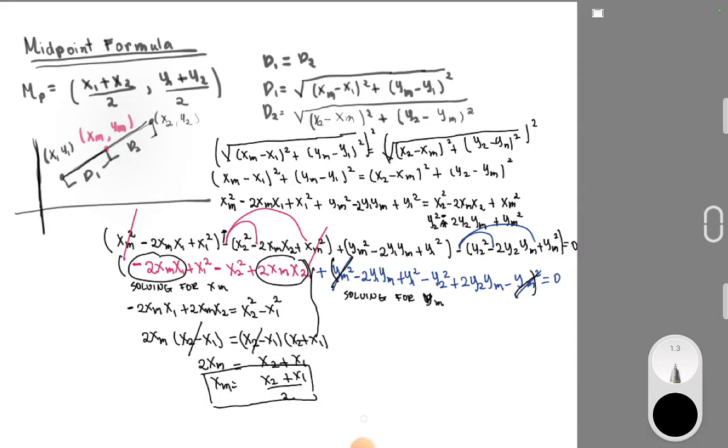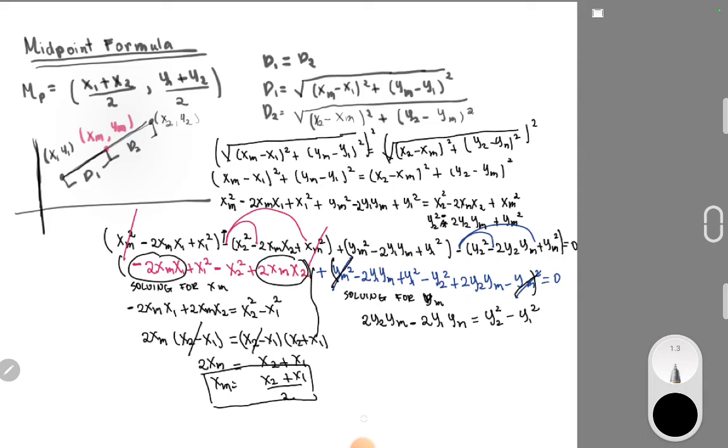So from here I will have 2y2 ym minus 2y1 ym is equal to, I will transpose, y2 square minus y1 square.